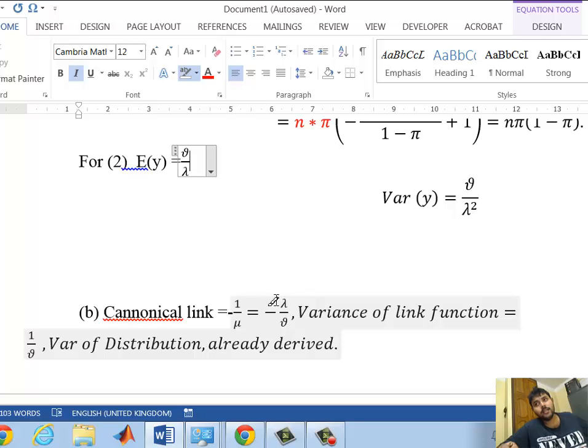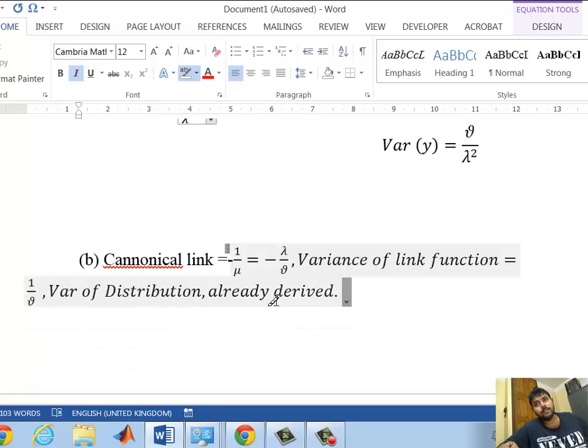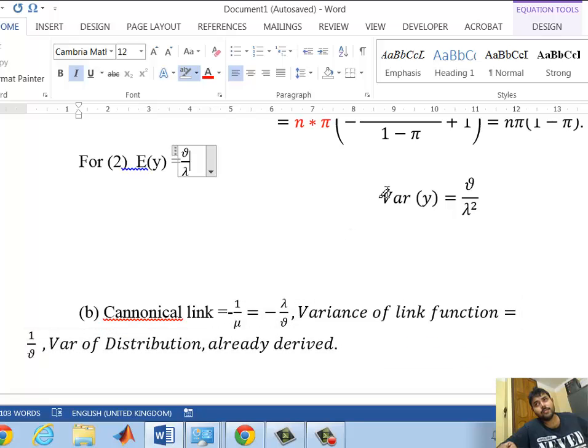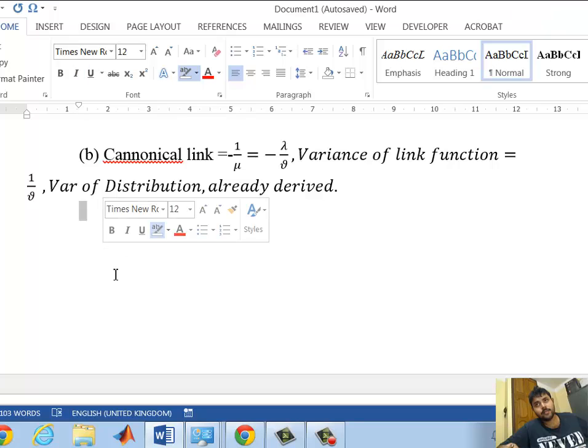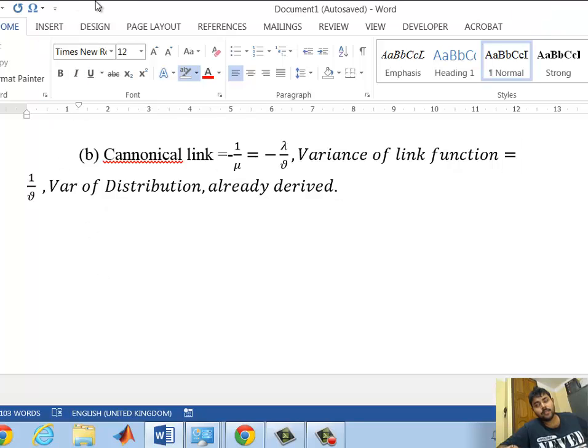This is the standard form of the canonical link and the variance of the link function, because from here you can go back.